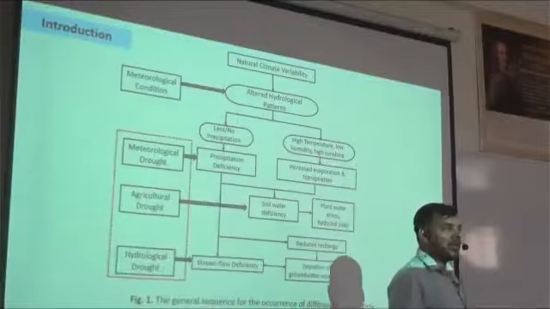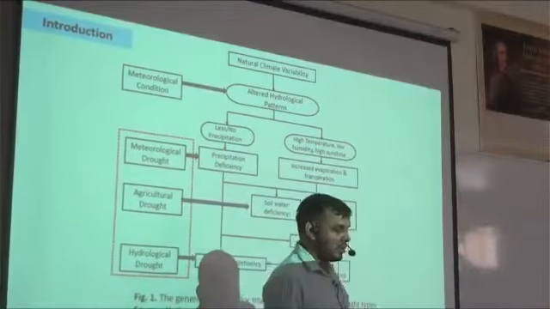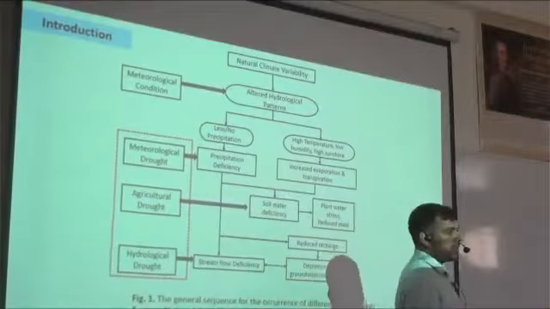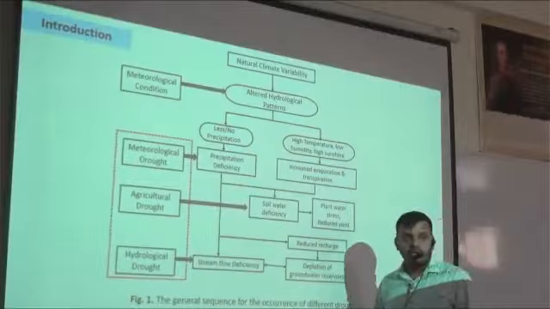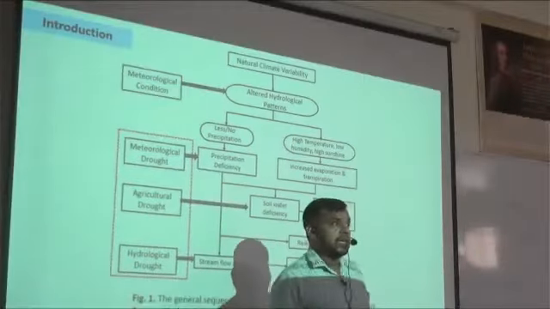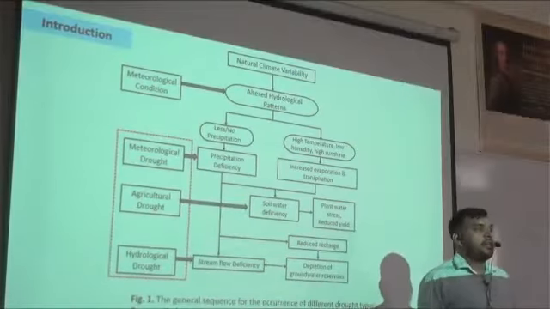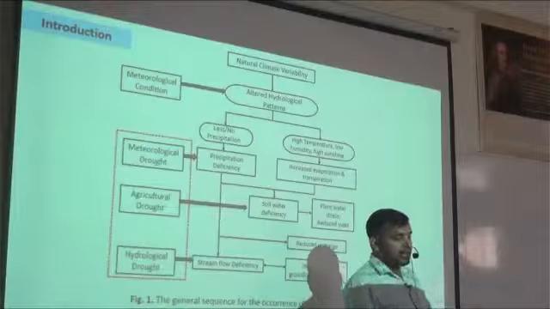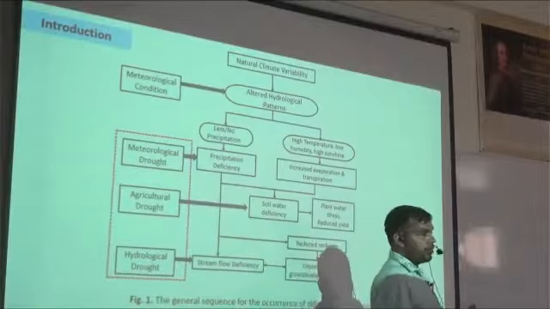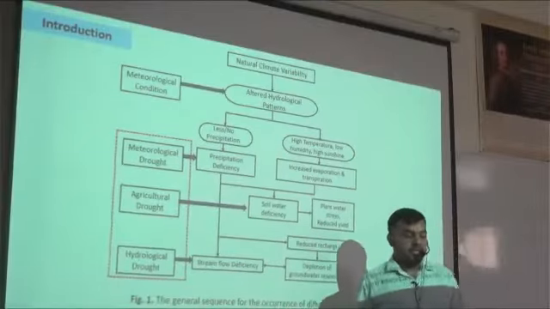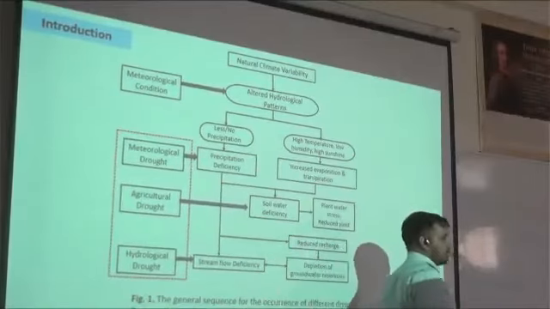So this is a simple description of why we need to think about drought and how these different drought types are occurring. Due to climate change we have climatic variability, or some alteration in our climatic variables. Due to that alteration, sometimes we have less precipitation, or no precipitation, or sometimes it leads to high temperature, low humidity or high sunshine hours.